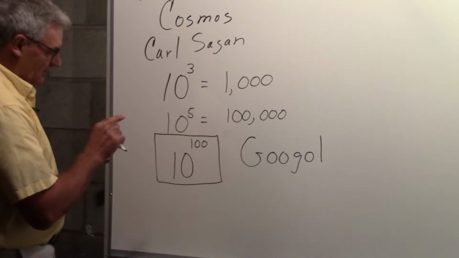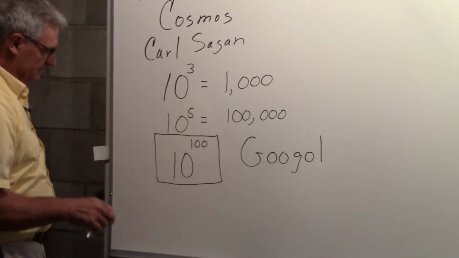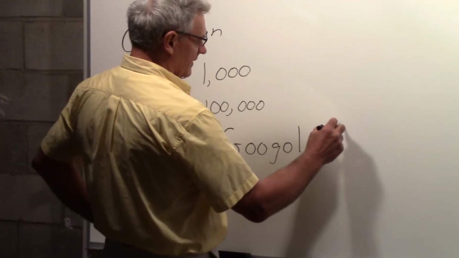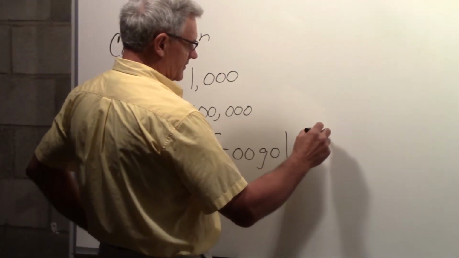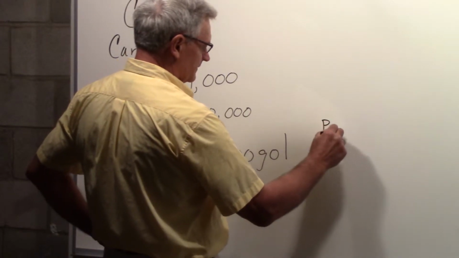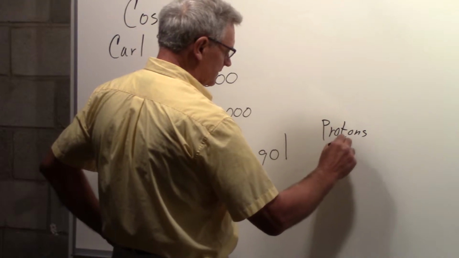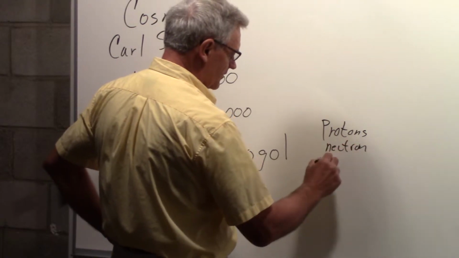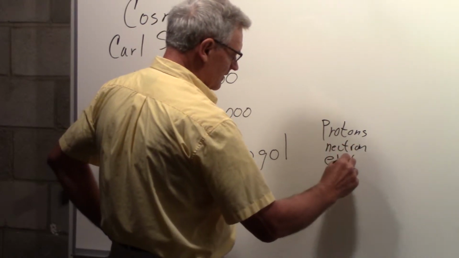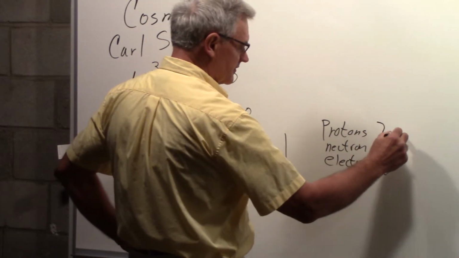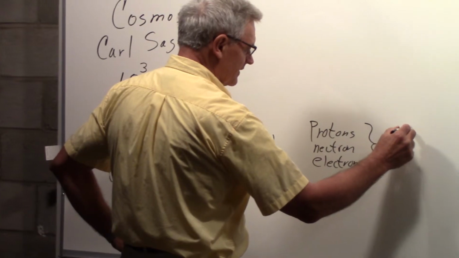Now 10 to the 100th is an extremely large number. And if you counted up all of the particles in the universe, all of the protons, neutrons, and electrons, the whole total in the universe would be about 10 to the 80th.